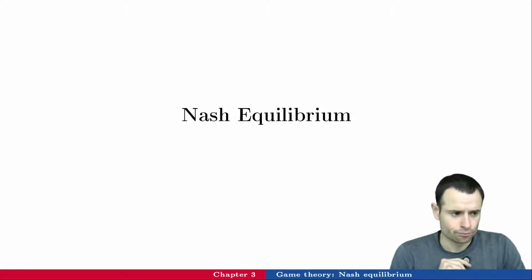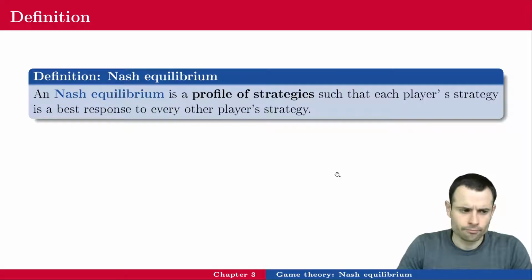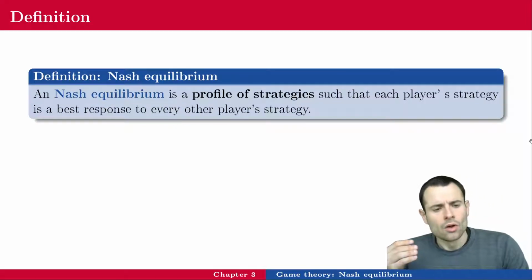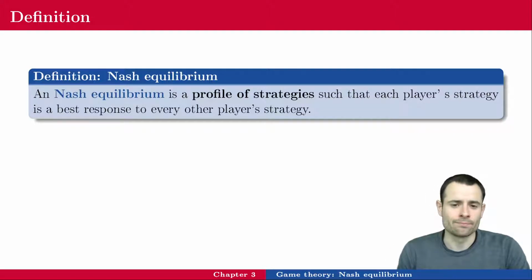So, let's start with Nash equilibrium. A Nash equilibrium is a profile of strategies, very important, such that each player's strategy is the best response to every other player's strategy.